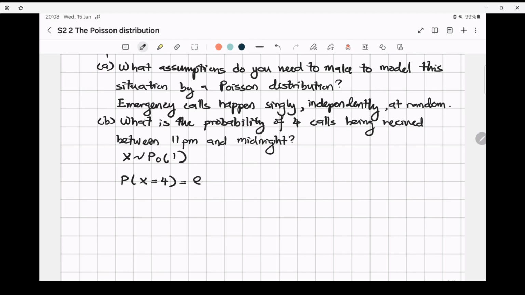So this will be e to the power of -1, because 1 is your lambda, and then you have 1 to the power of 4 divided by 4 factorial. When you calculate this, you get 0.0153. So that's how you do a very simple question on Poisson distribution.